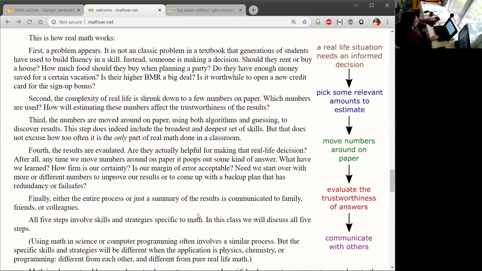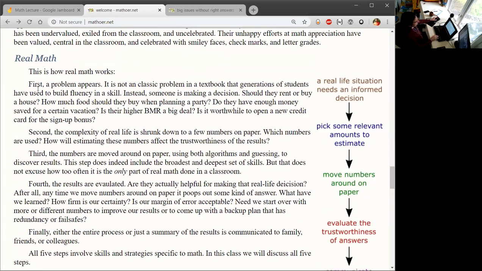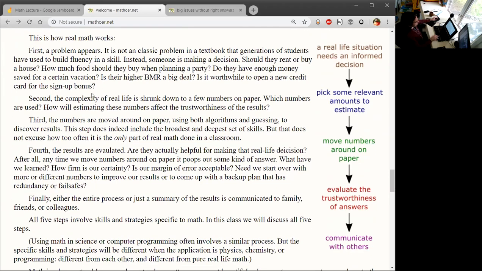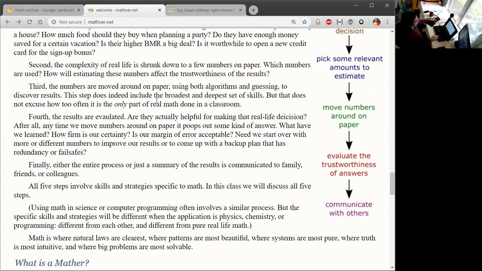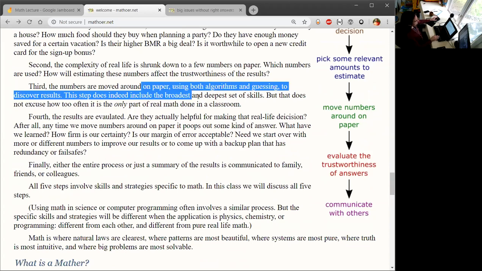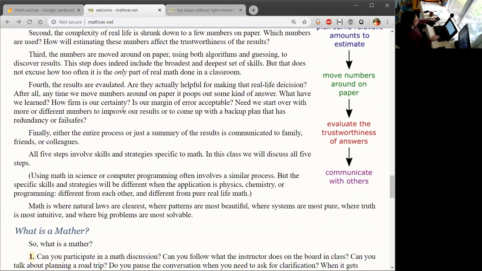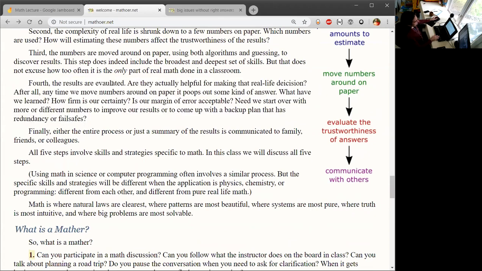So how a real math problem like that works is the problem appears in some genuine way, not just a textbook. You have to figure out how to put numbers on paper. Then we move the numbers around, and that's the part the math classes usually do. And then you have to evaluate your results. Is this something that I can actually base a decision on? Should I rent a house or buy it?